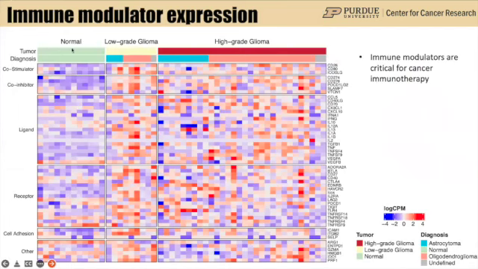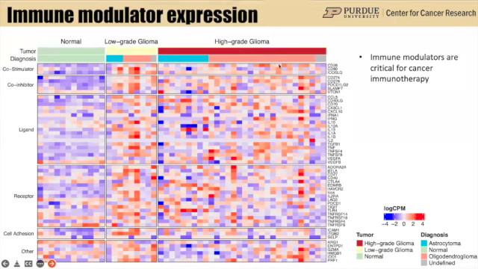We then wanted to take a closer look at some of the genes in these signatures, and we broke them down into stimulators, inhibitors, as well as ligand receptors and those involved in cell adhesion. Overall, you can still see a lot of heterogeneity, massive heterogeneity, between the samples.